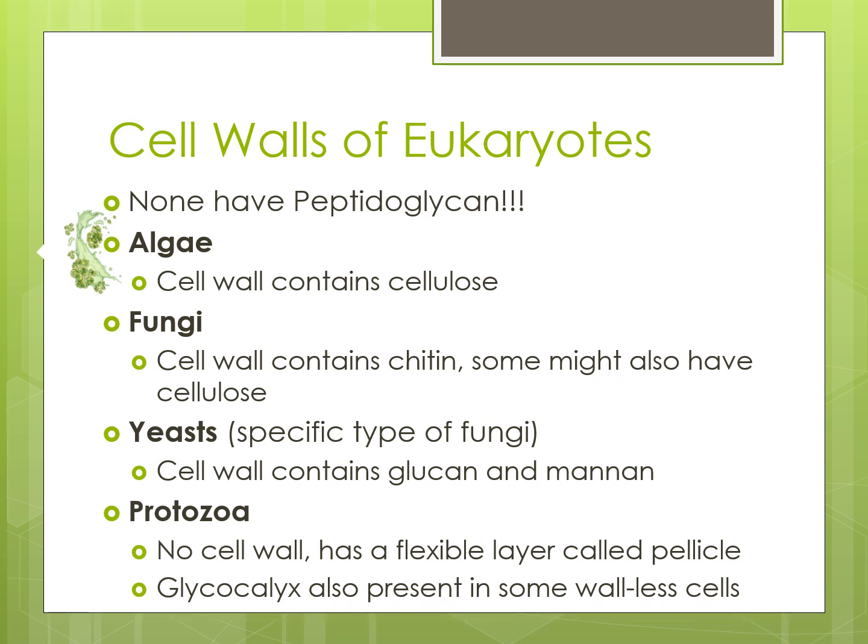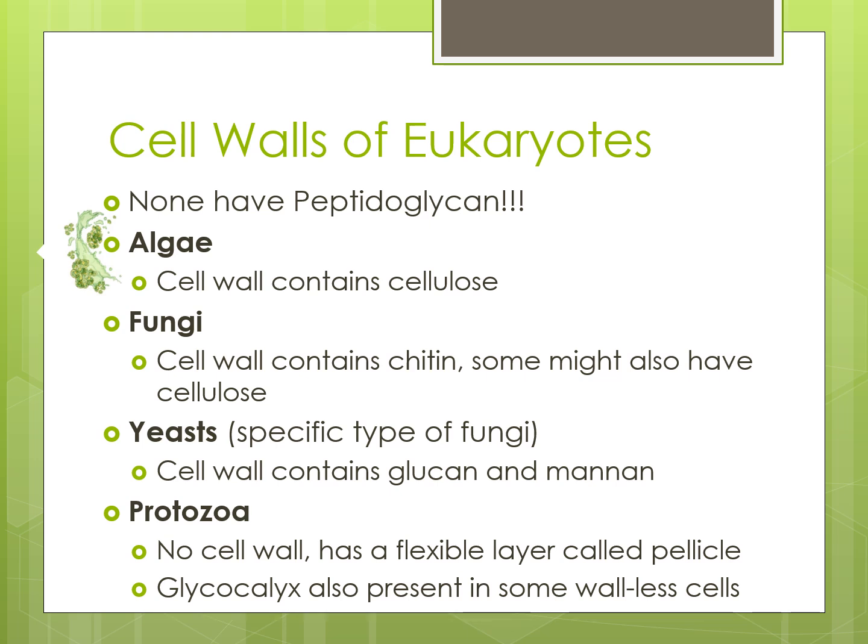In algae and fungi, this cell wall can contain cellulose, but for fungi, it can also contain chitin. And chitin is going to be kind of similar to what's found in insect exoskeletons.